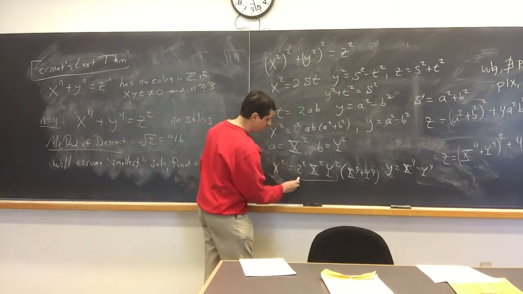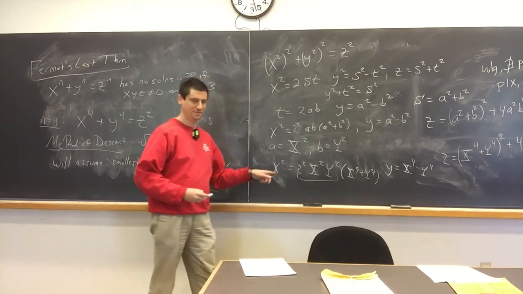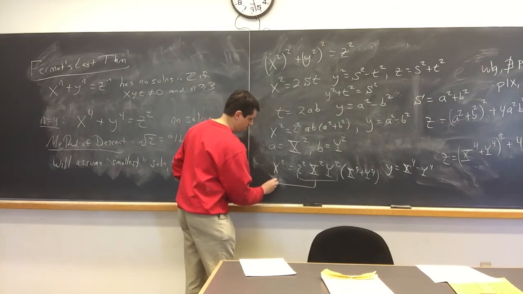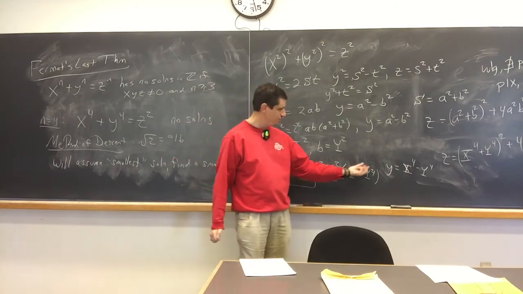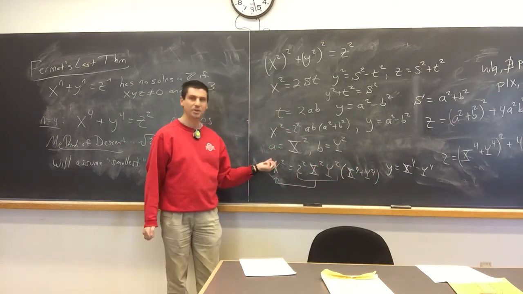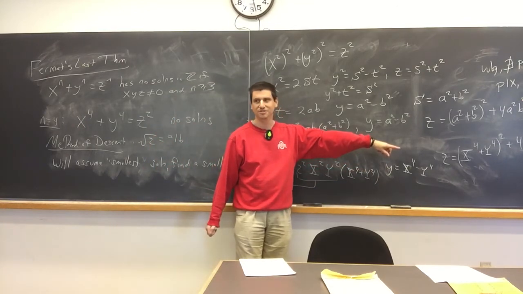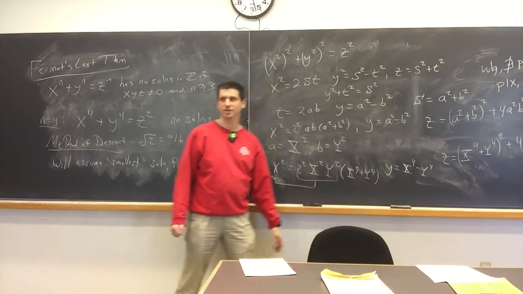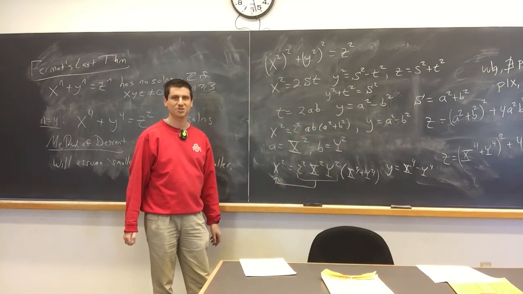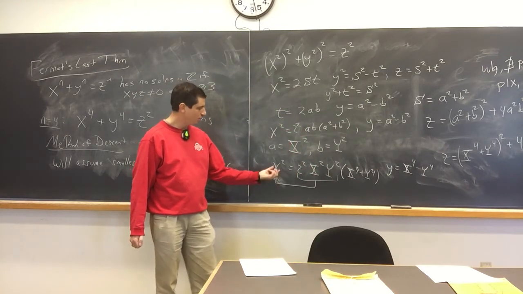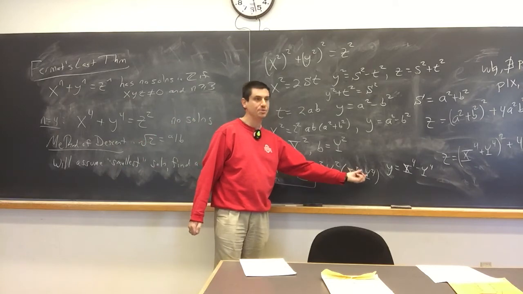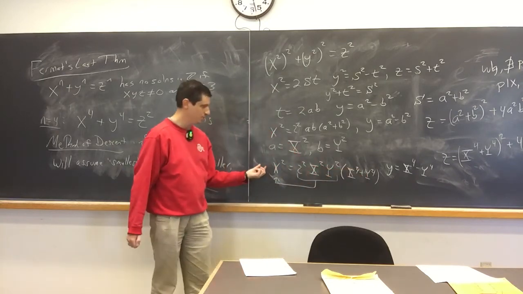This clearly has to divide x squared. And so now we get x to the fourth plus y to the fourth is some number squared. Do we actually need what y is over here, or z? No. Thank God, because those expressions are getting quite involved. All that matters here is x to the fourth plus y to the fourth has to be a perfect square.